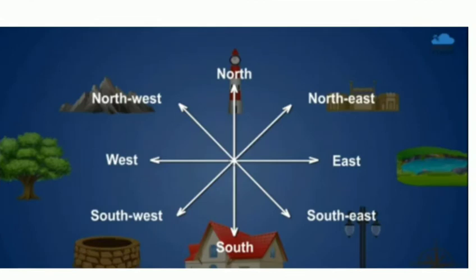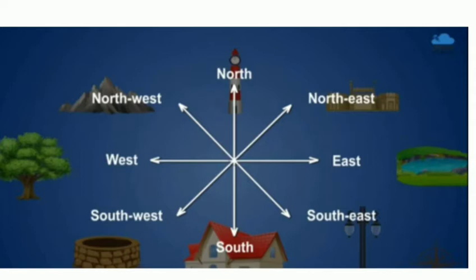Now students, you look at this picture. See, four main directions are there, and as well there are sub directions also. The sub directions lie between every two adjacent main directions, and these sub directions always begin either with north or the south. Now you can see the mountains, they lie on the north and the west side, so they are on the northwest side.